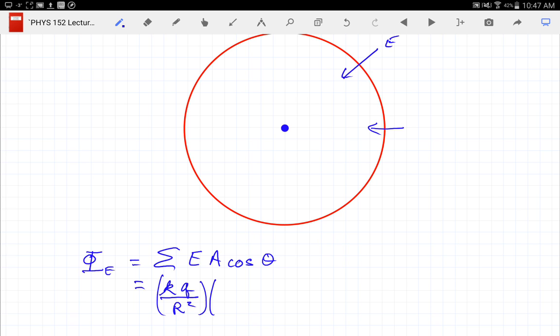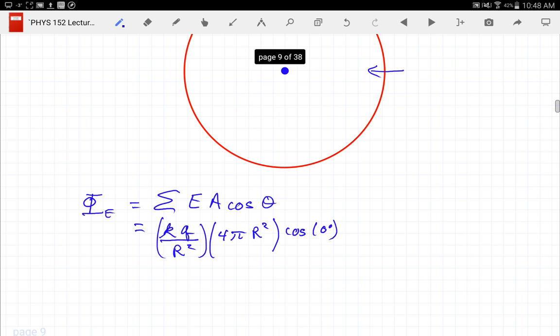The area, does anybody know the equation for the area of a sphere? It's always on your test, so you don't have to have it memorized. It's 4 pi times radius squared. And then we have cosine of 0 degrees, which is just 1. And so you multiply that through, and you have 4 pi k q.